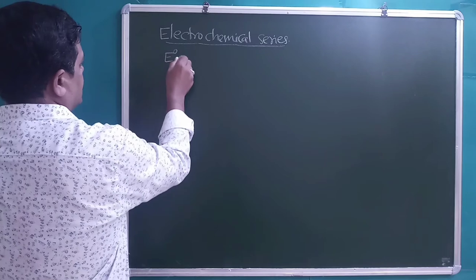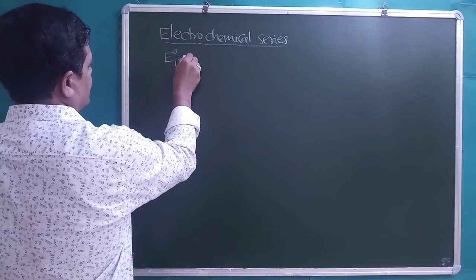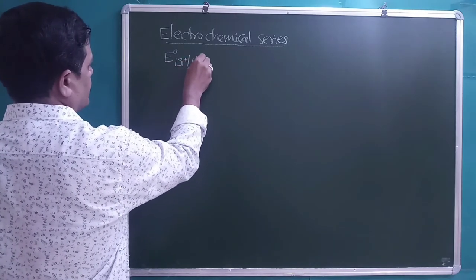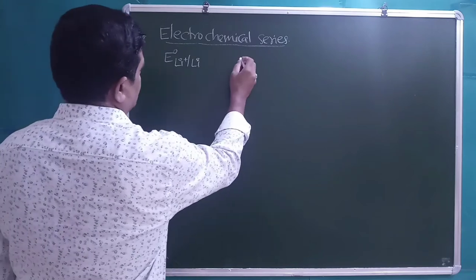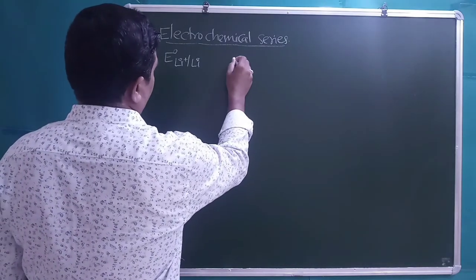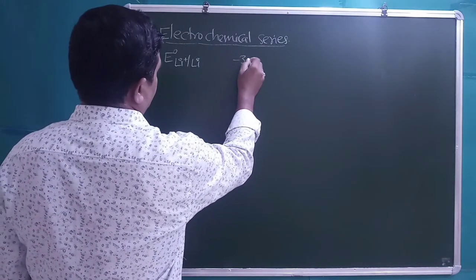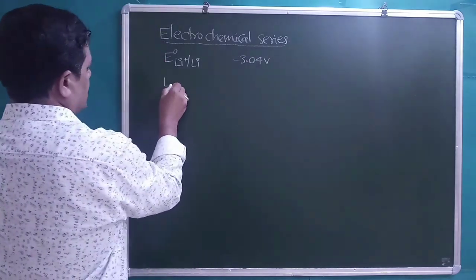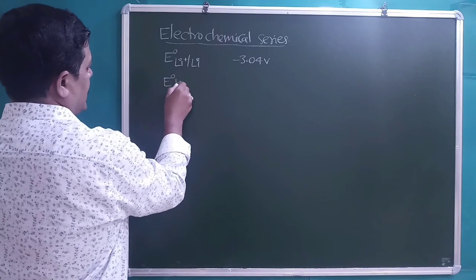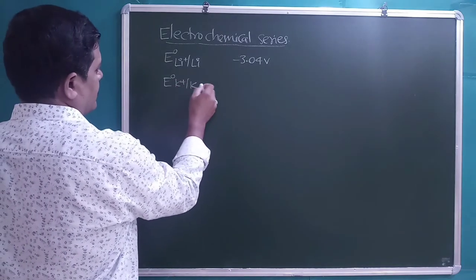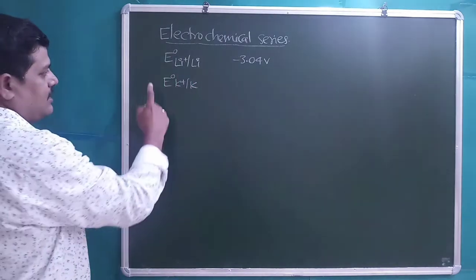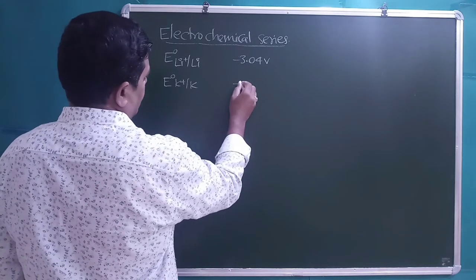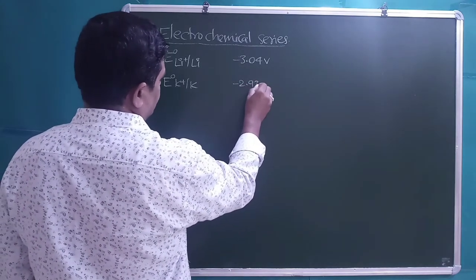E naught Li plus slash Li has the value of minus 3.04 volts. E naught K plus slash K, all are standard reduction potentials, minus 2.93 volts.